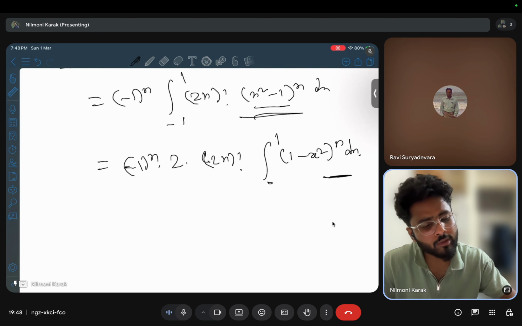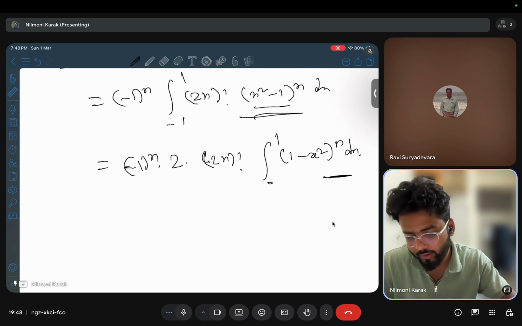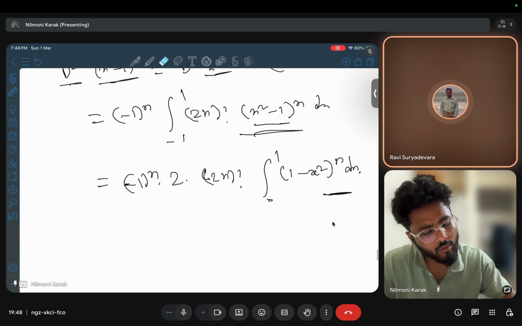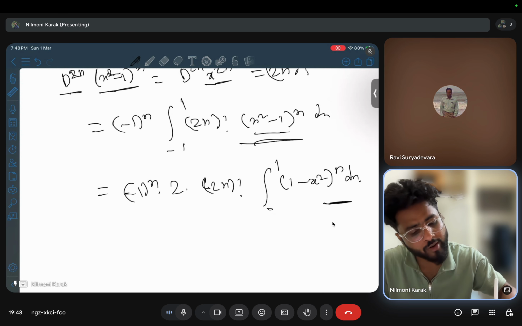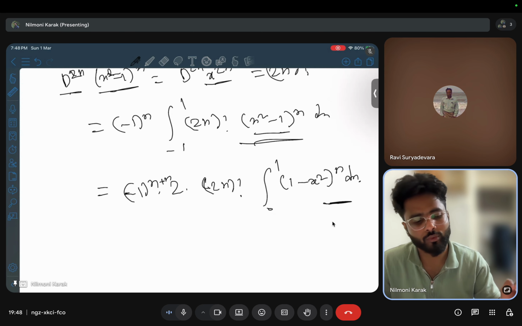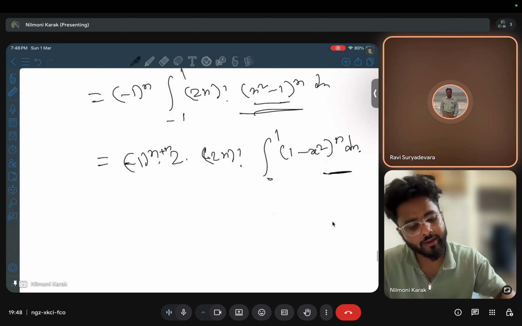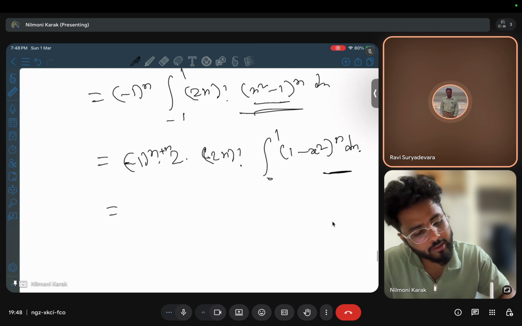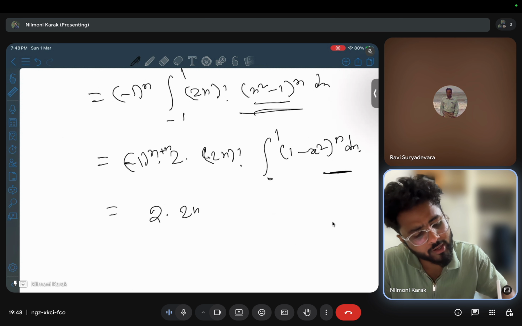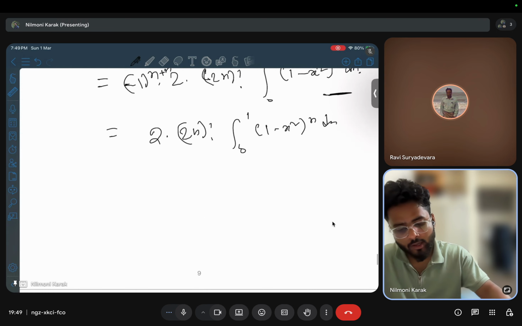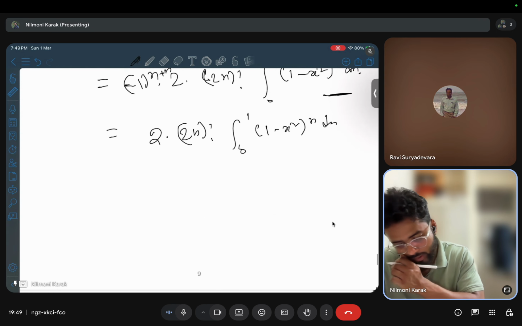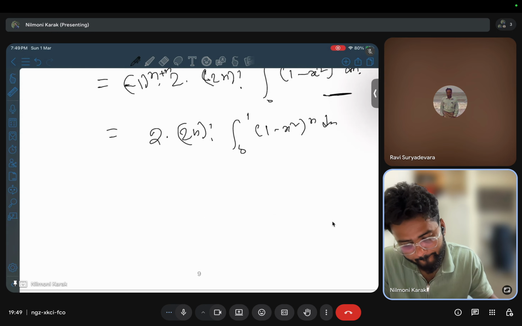So 2 times the integral from 0 to 1 of (1 − x²). Yes, you are right, so plus n also. So then 2 times (2n)! times the integral from 0 to 1 of (1 − x²)^n dx. Now you know how to calculate it, right?